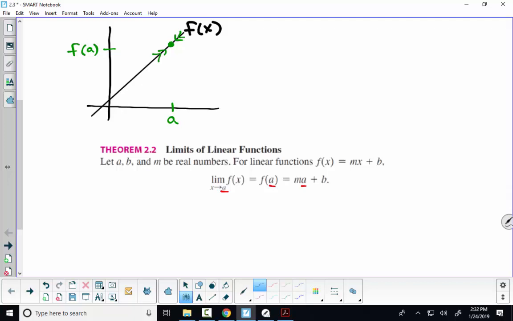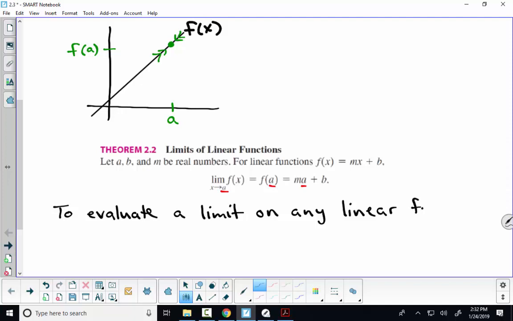So really what this theorem is saying in words is that to evaluate a limit on any linear function, we can directly substitute.